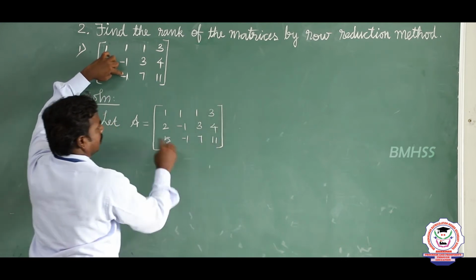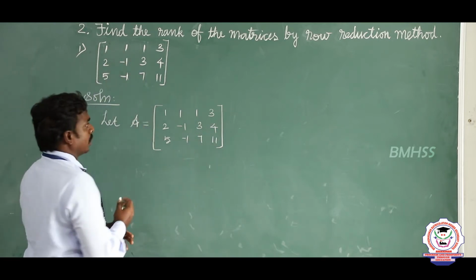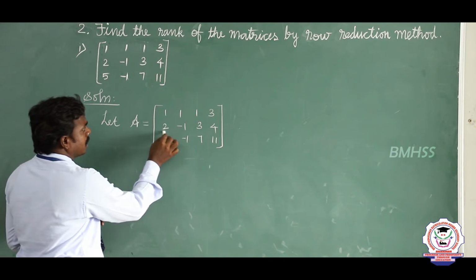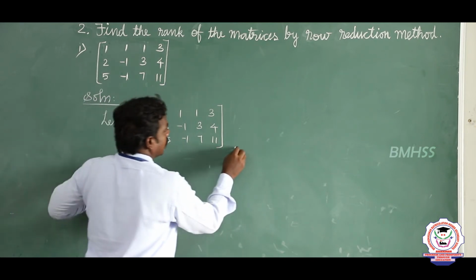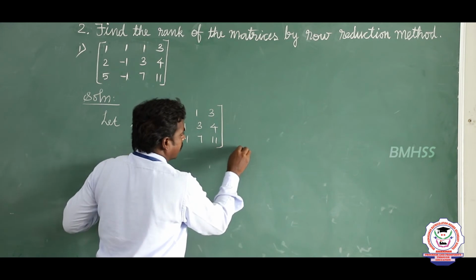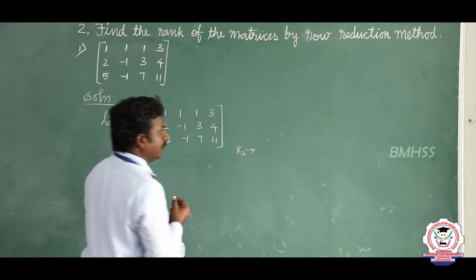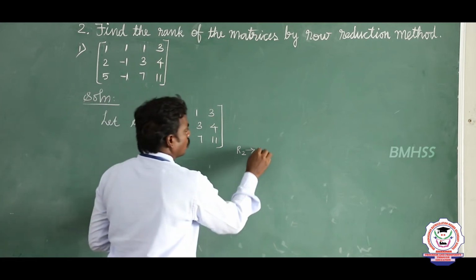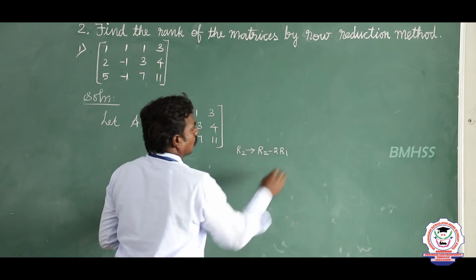In this matrix 3 rows and 4 columns are there. Now I am going to make this 2 zero. Very simple. In R2 I am going to make changes, in the second row. So R2 minus 2R1.